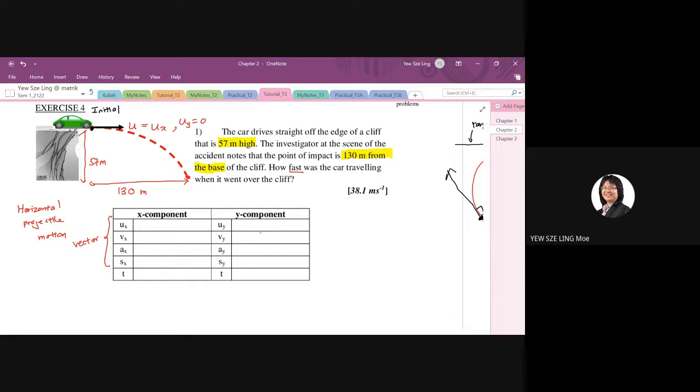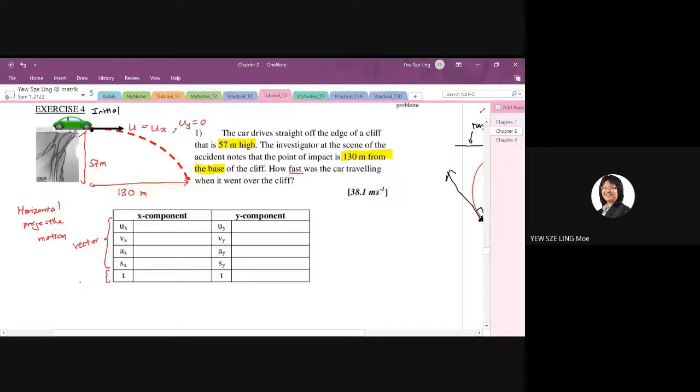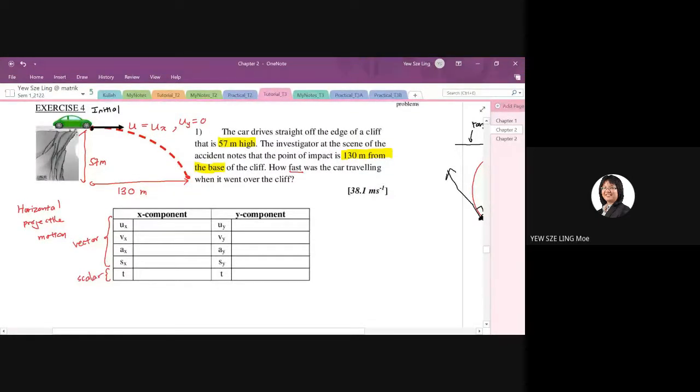Then one last one is the scalar quantity, which is the time. So time is a scalar quantity. Now, what does it mean? Why do we need to know whether it's a vector or a scalar? Vectors, you cannot use them for the other component.